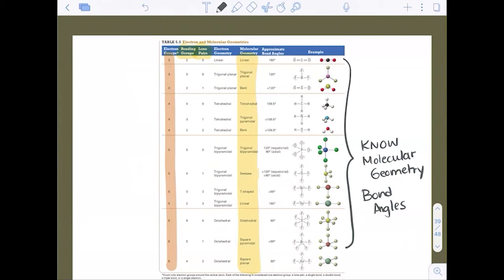You do not need to learn how to draw these in 3-dimensional shapes. The Lewis structure will suffice. These guys are a-okay for us to keep. So don't worry about doing any of this 3-dimensional colored format of the ball and stick models.